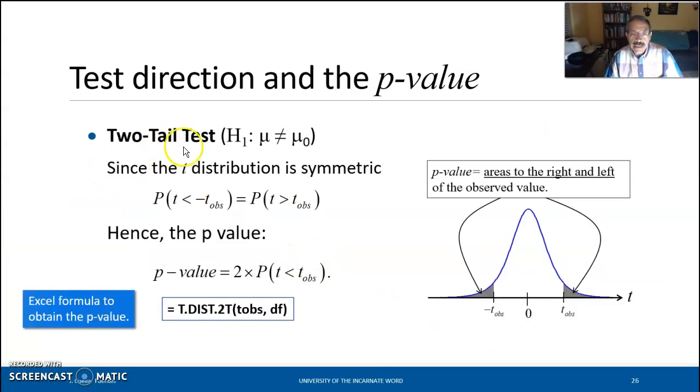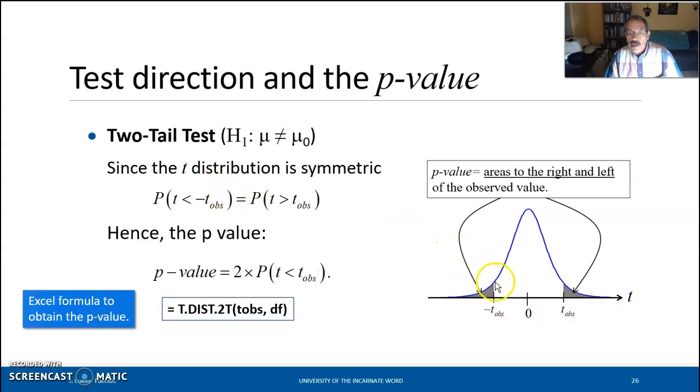When you have a two-tail test, then the p-value is 2 times the probability to the left or the probability to the right, or you can think of it as summing the probability on the left-hand side plus the probability on the right-hand side. And that's the probability to the left of the negative value of the calculated test statistic, or to the right of the positive value of the test statistic.